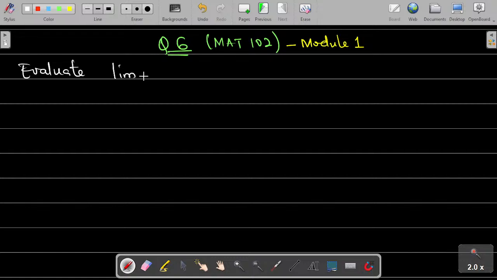This one has to do with limits: the limit of the square root of x squared plus 4, minus 2, all over x squared, as x tends to 0.